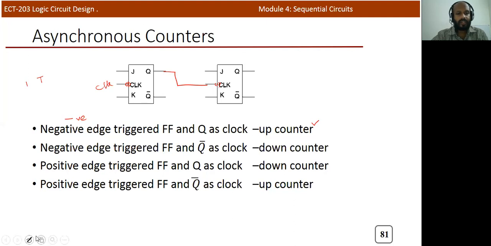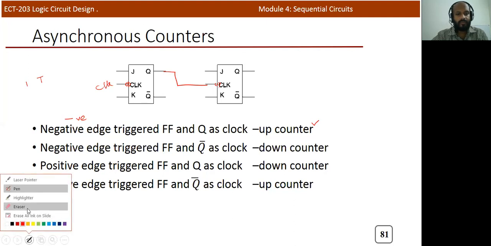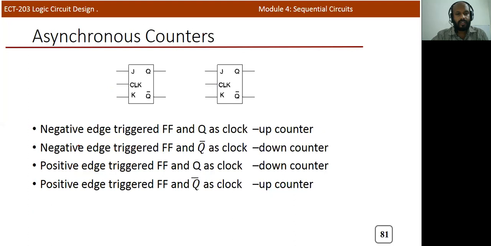And here you can see another possibility. If negative edge triggered clock is used, and the Q bar output is connected to the clock input, then that particular counter will operate as a down counter.